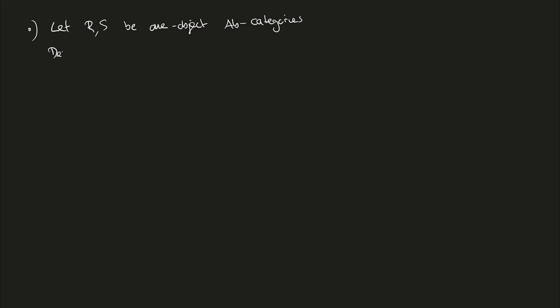So we'll denote the single Hom object between the one object and itself simply by R, and similarly we'll do the same thing for S. This will just make the notation easier.